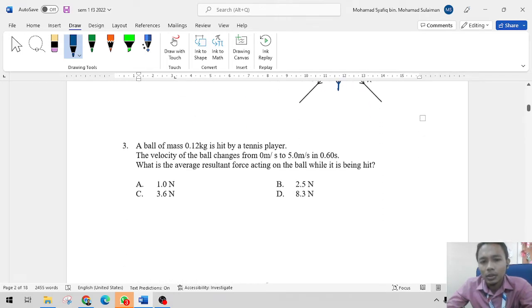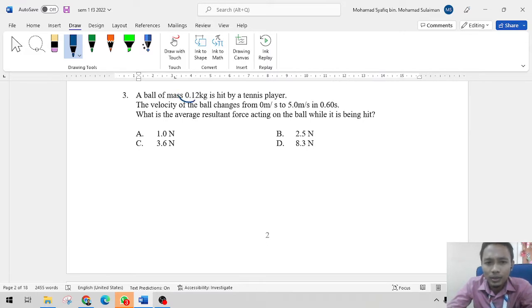Number 3, a ball of mass, and then the velocity changes from 0 to 5 in 0.6 seconds. So the resultant force, force equal to ma. So we need to calculate a equal to v minus u over t.